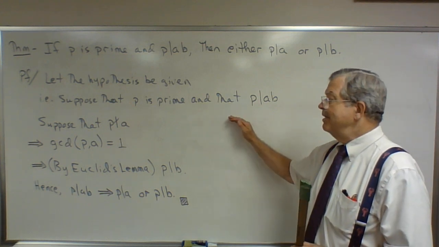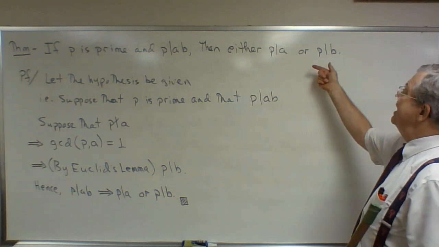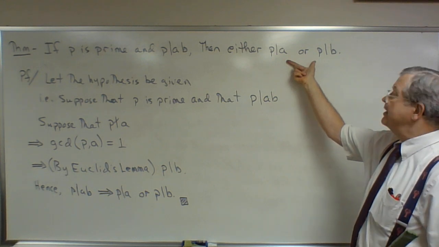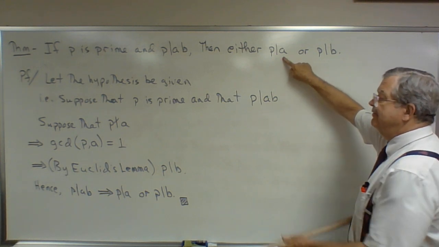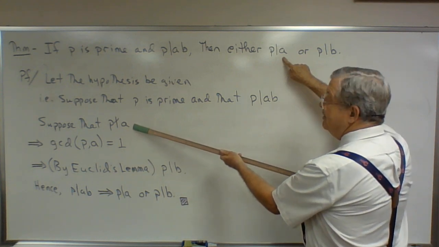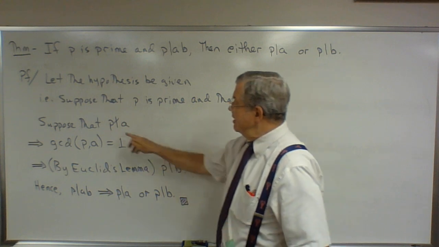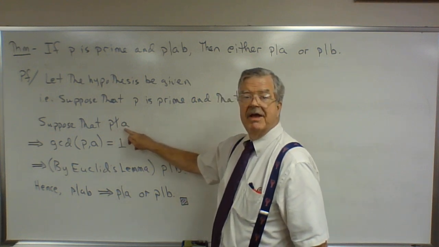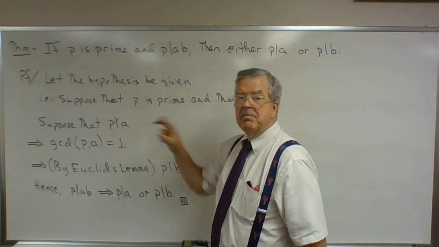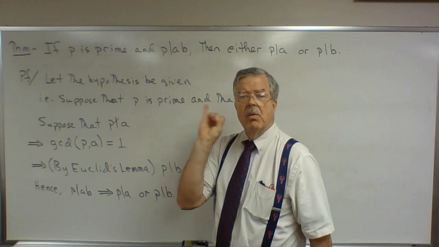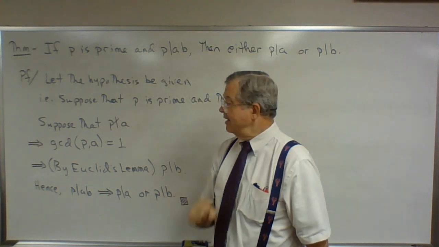We've assumed the hypothesis. Now we're going to show that this disjunction is true by assuming that the first thing is false. And if this is false, P doesn't divide A, so P is not a divisor of A. But P only has two positive divisors, one and itself.